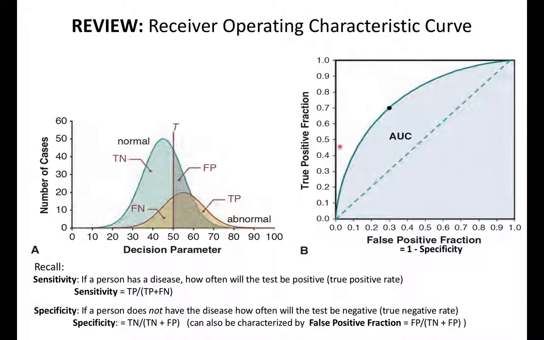It rarely happens that it comes up here and then it curves along there. So the farther you get to this corner, the better, right? If you sit along this line, this is flipping a coin, right? So if I'm sitting here and I get just as many true positives and just as many false positives, I may as well just flip a coin, right? If you're down here, I don't know what's going on. It's like your test is pointing you in the wrong direction. You should do the opposite of what you think the test is telling you, okay?